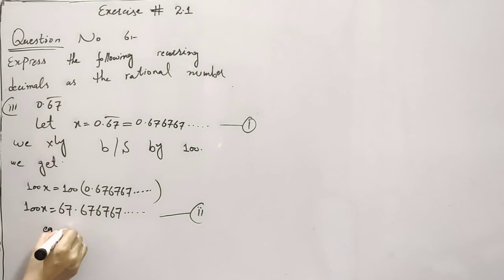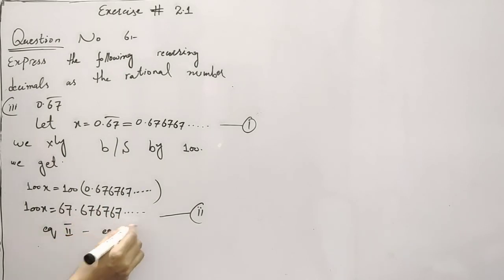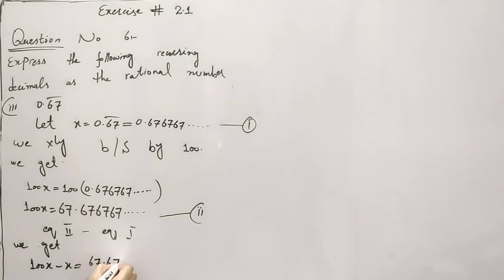Now subtract equation number 1 from equation number 2. We get 100x minus x is equal to 67.676767 and so on, minus 0.676767 and so on.